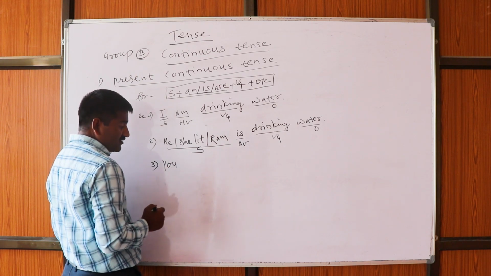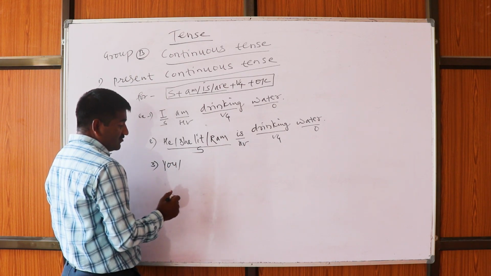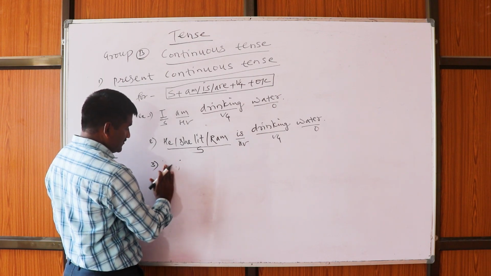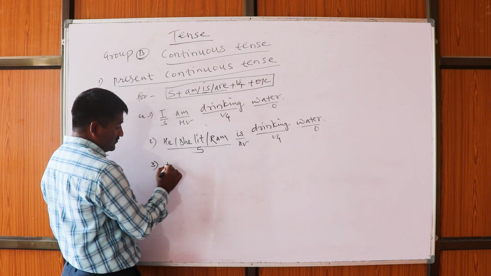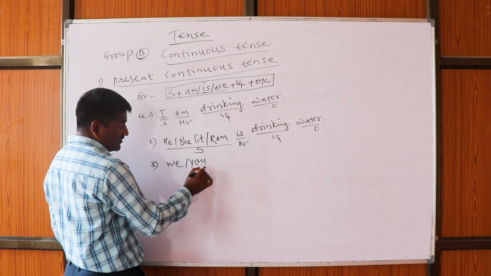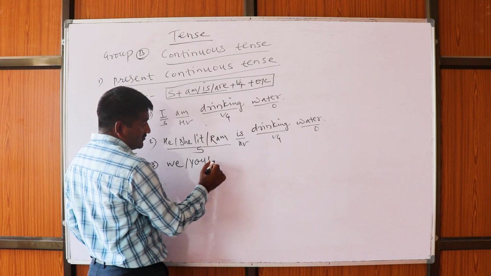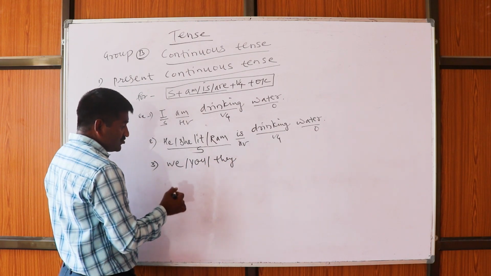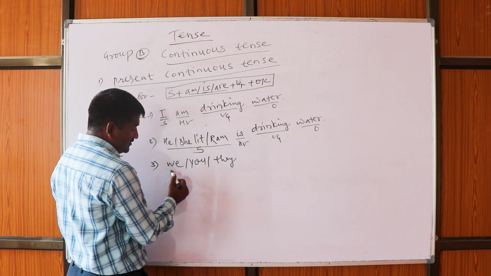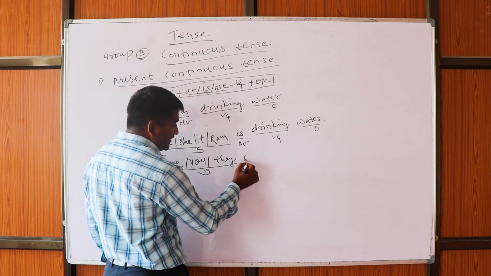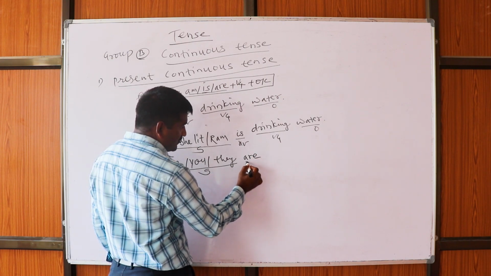And third example, that is second person singular as well as plural, that is you. Then we have first person plural, that is we. Then second person singular as well as plural you, and third person plural we have they. So we, you, they, these persons are called as subjects, and they take helping verb, that is are.